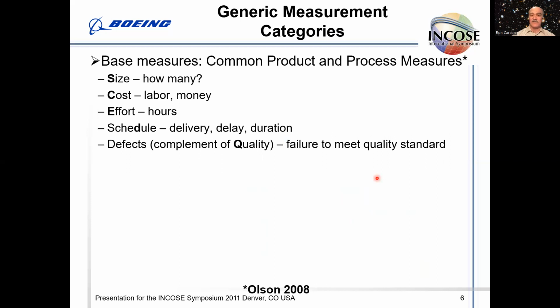We defined several categories, generic measurement categories, and I'm indebted to Tim Olson of Lean Systems Initiative, a paper he did in 2008. Base measures for different categories: size, how many, cost, in terms of labor or money or other resources, effort, hours, schedule, and we use a small d in some of the work you'll see below, delivery, delay, duration, and then defects, which is the complement of quality, failure to meet the quality standard.